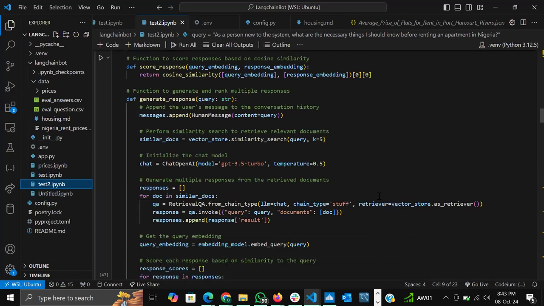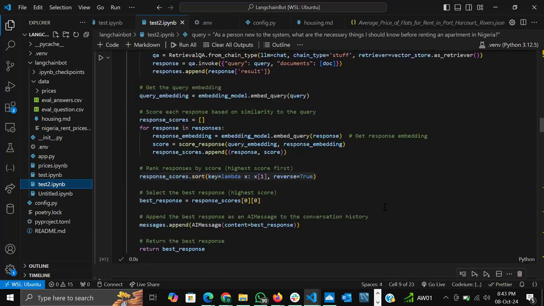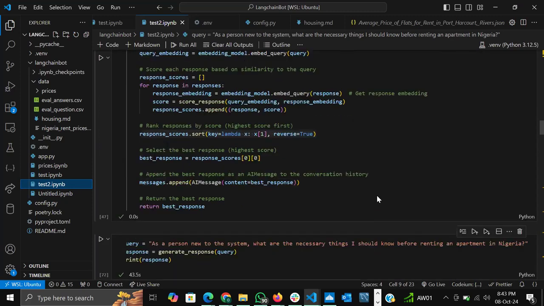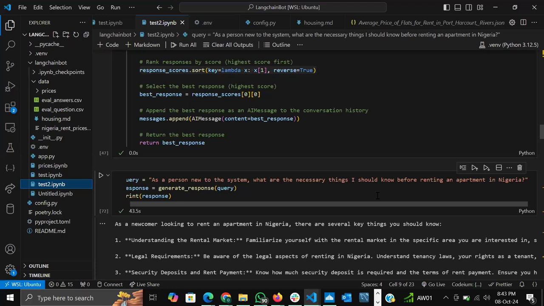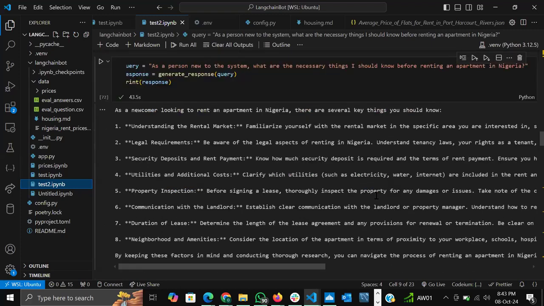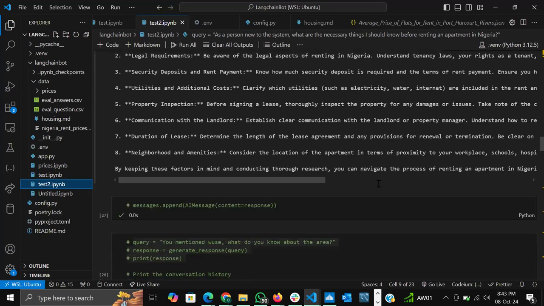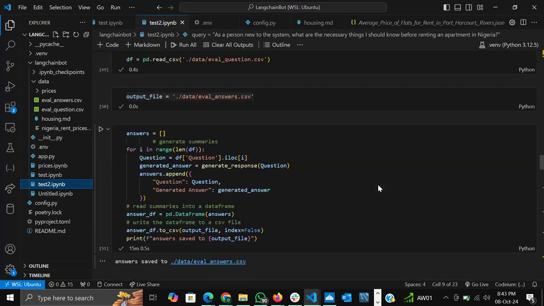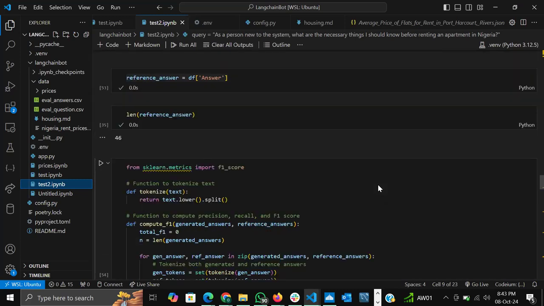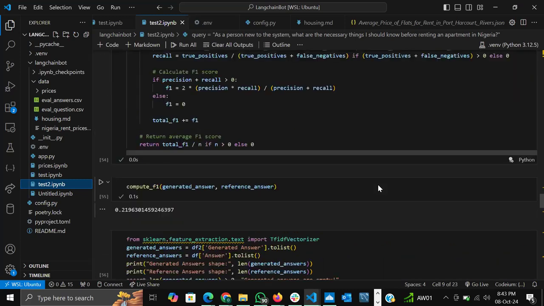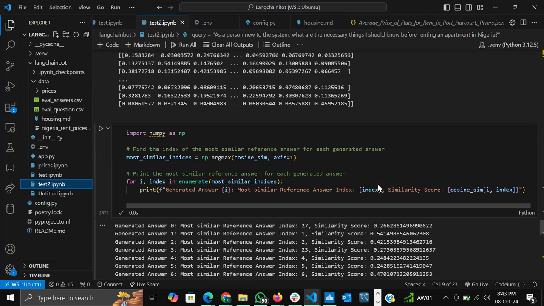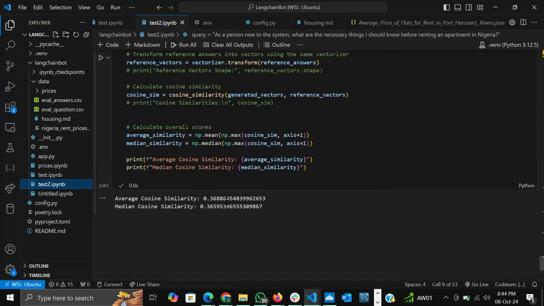And I went again to evaluate the results using the cosine similarity metric. And I saw that that gave it a much better improvement, because I had previously gotten about 20%. But after that improvement, I reevaluated and I got something around 36, using the average cosine similarity method.